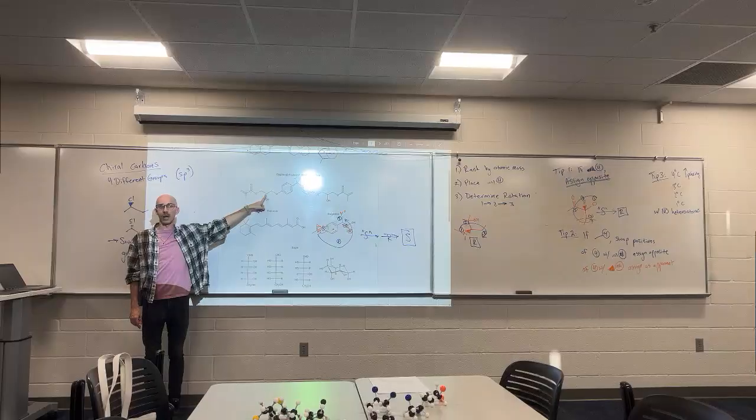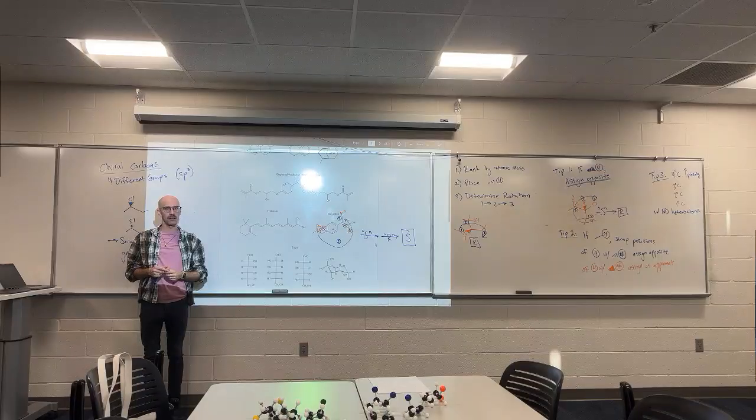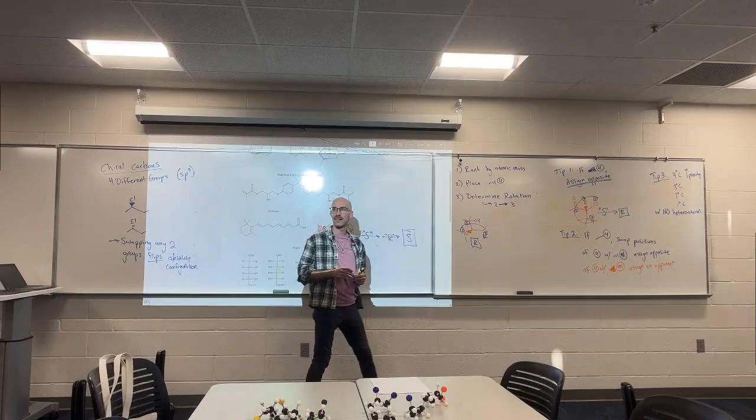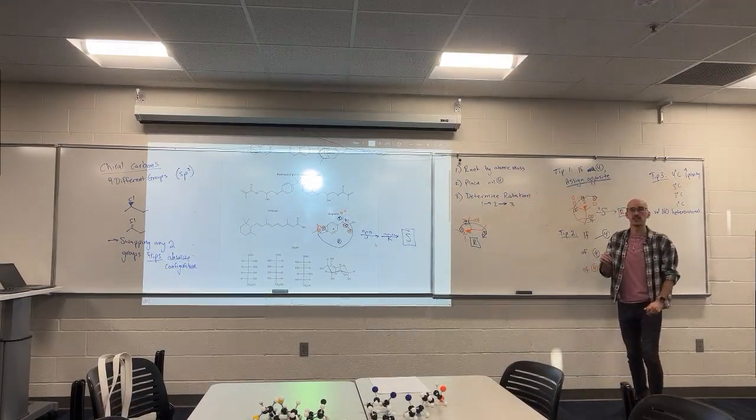I want you to draw both chiral carbons with an S absolute configuration. How would you do it? Would you connect the extra hydrogen as a wedge? Or a dash? Either way.